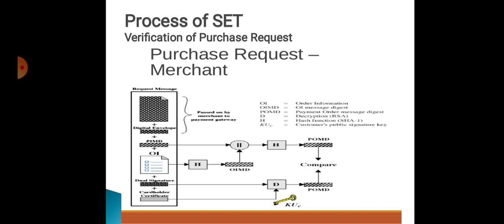Then compare with the POMD, which is given by the digital dual signature, and the PIMD, and compare and generate the data. Okay, by using the key, this is the whole operation of the verification.